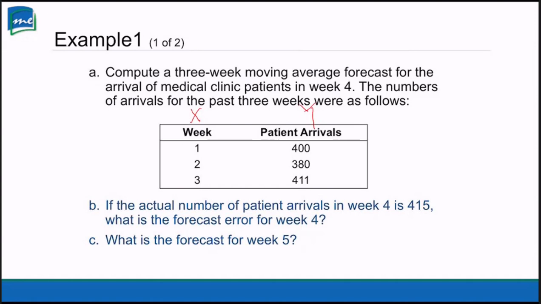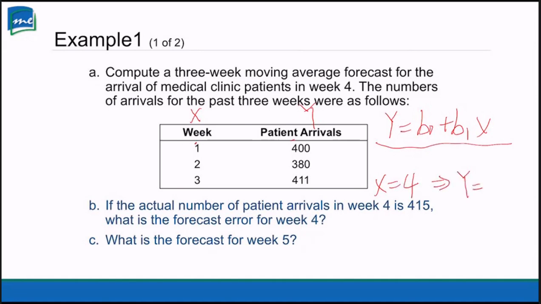If we can find a relationship between the weeks and the patient arrivals, which we can represent with a straight line formula, then for week 4 we just need to make x equal to 4, and we will be able to obtain the value of y.